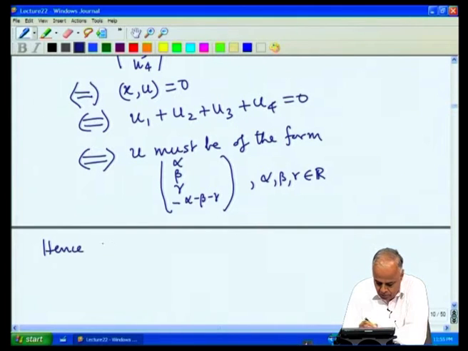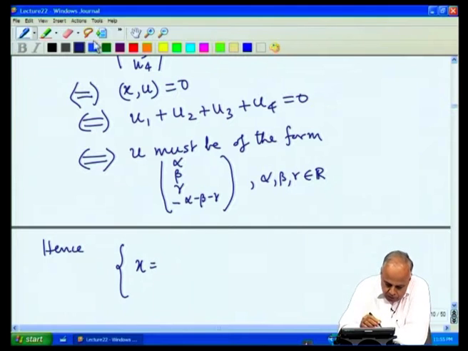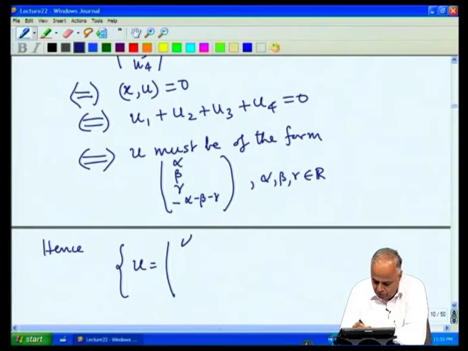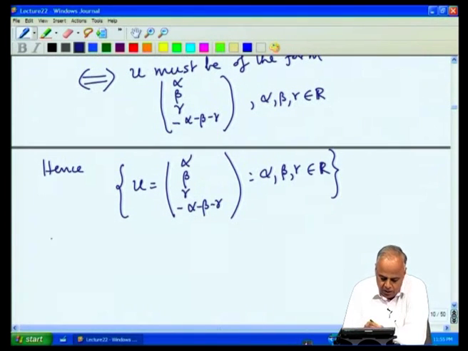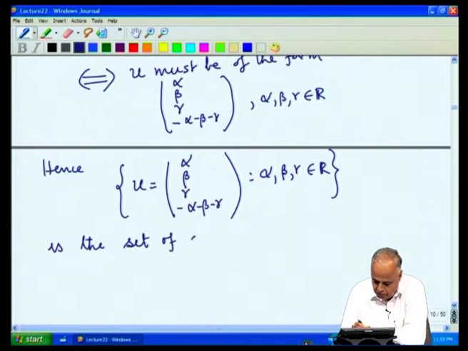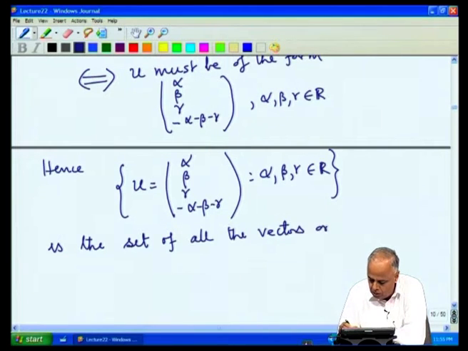Hence, the set of vectors of the form u equal to (alpha, beta, gamma, -alpha - beta - gamma), where alpha, beta, gamma are real numbers, is the set of all the vectors orthogonal to x.